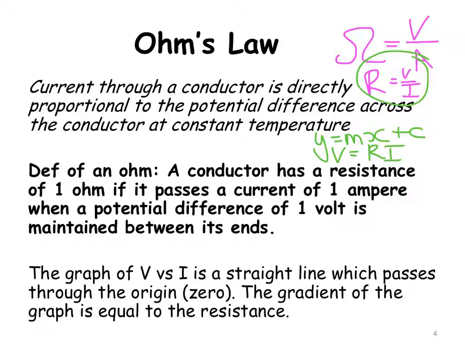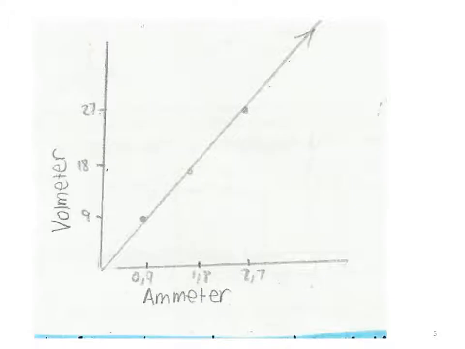And if you think about it, the V is then on the y-axis, the R is your gradient, and the current strength goes onto the x-axis. C is 0, which means that you are going to go through the 0 point, which makes sense because when there's 0 potential difference, there's going to be 0 current, and vice versa. So it's going to be a straight line that passes through the origin, and the gradient is going to be equal to the resistance.